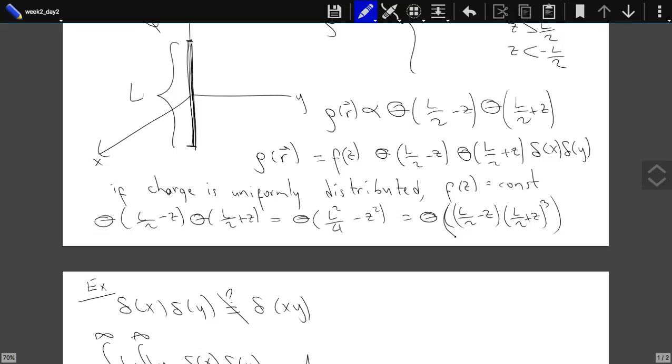I'm just checking the value of the left-hand side and the value of the right-hand side at every point. If you check the value of this function and the value of this function at every point, and they have the same value, then I can say that they are the same functions. Although they look different, they are basically the same function. I'm not multiplying the arguments.